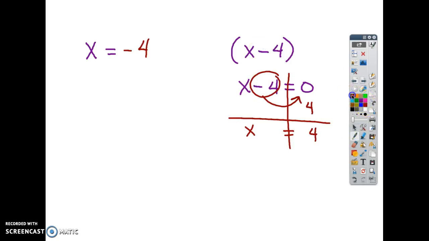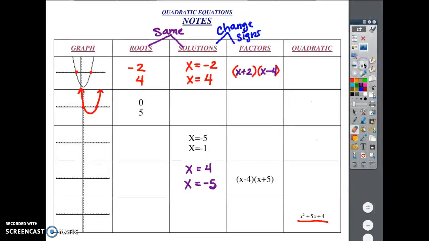So when you move it, it becomes a plus 4. So you end up with a positive 4. And that's how you do the other one, the x plus 5. You move it over, change the sign, becomes x minus 5.